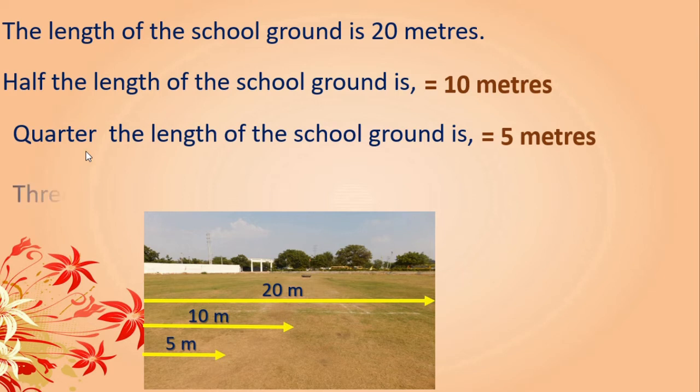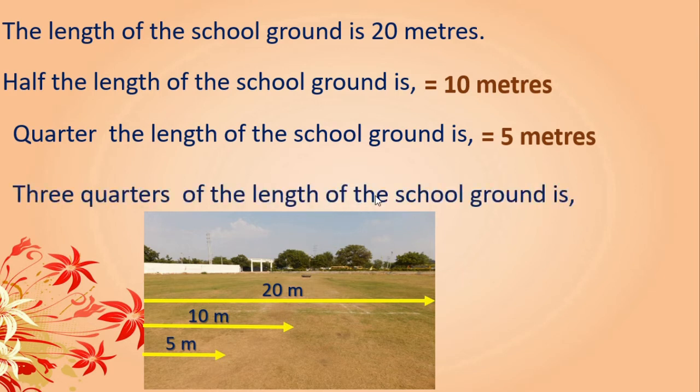Right? Now what about the 3/4 of the length of the school ground? See, up to here, 3/4. You can go for two methods. You can multiply this quarter by 3, then also you will get the 3/4. Or if you minus a quarter from the whole, then also you will get the 3/4.